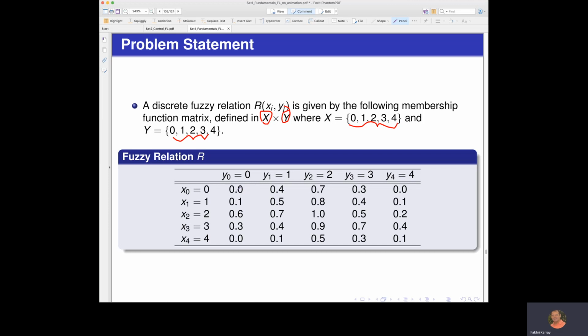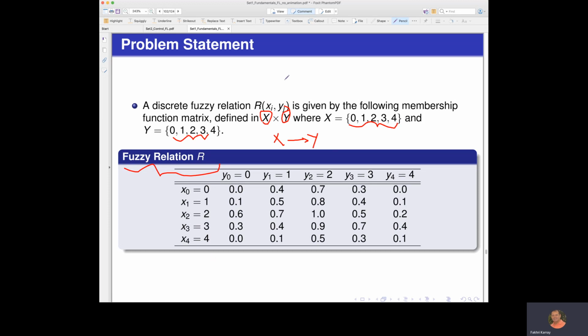The relation, similar to what we defined earlier, takes the format of a table or a matrix. It is a fuzzy relation defined in X across Y, which is the Cartesian product, and it is X implies Y. So this is basically an implication operation, and this implication operator provided us with this relation defined in matrix form.